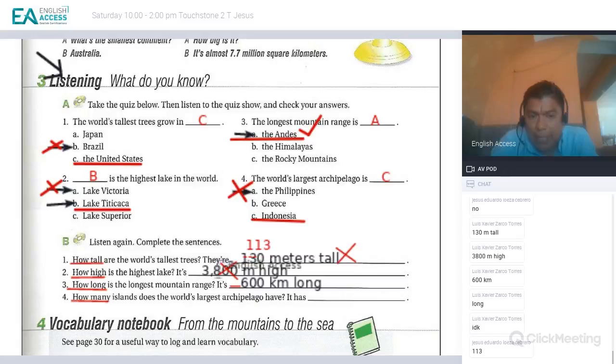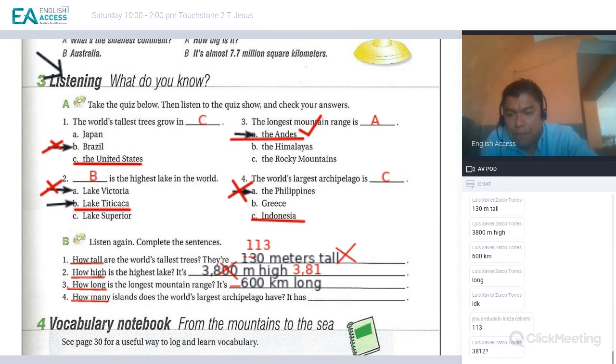It's 3,800 and... no? Yes. 3,812 meters high. Yes. Number three, I'm sorry.